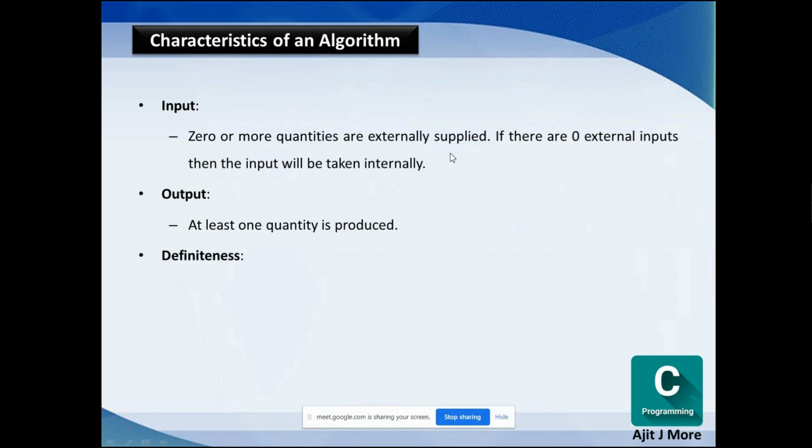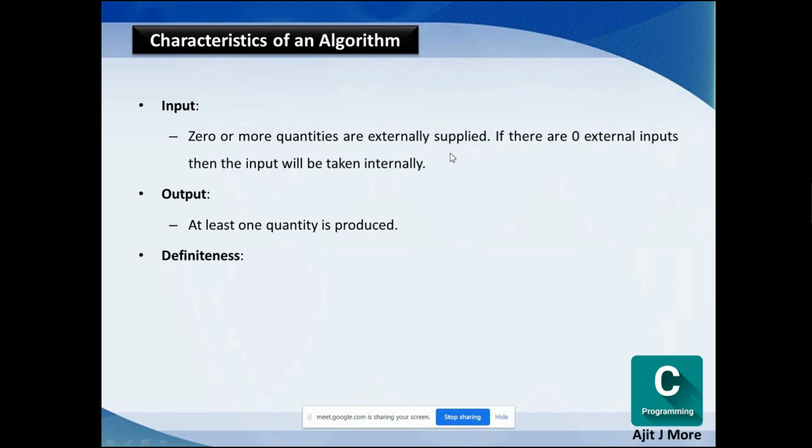Okay, so the third is definiteness. Now what do you mean by definiteness? Now this concept your program also has to follow. I said a few points that an algorithm follows, but it is not necessary that your program follows the same characteristics. So you'll ask what is that situation? I'm coming to it, but at least input, your program also will follow, output also, definiteness also.